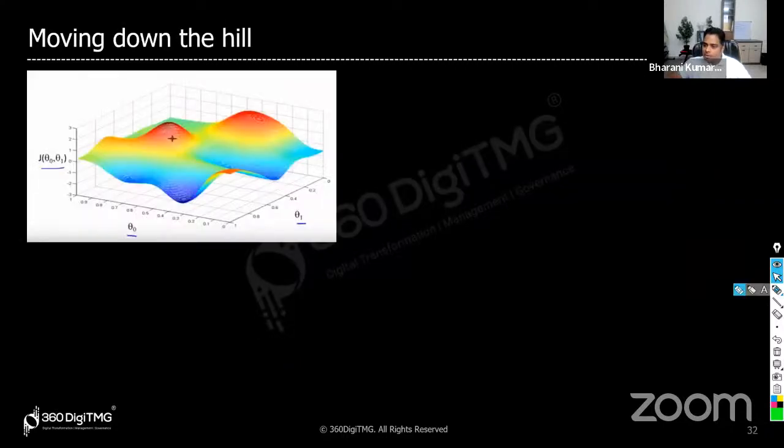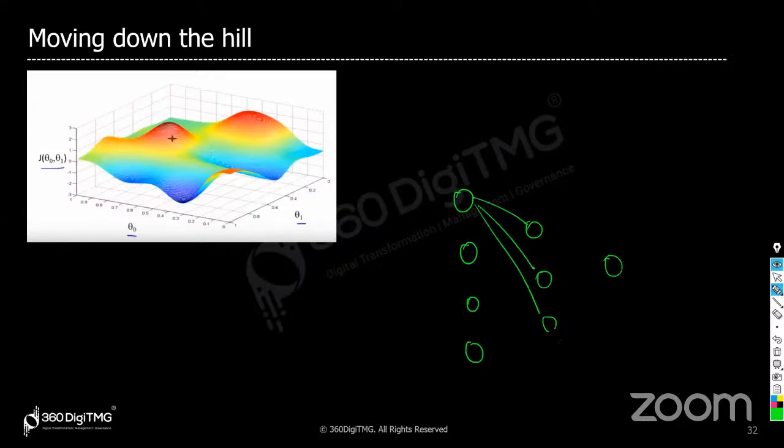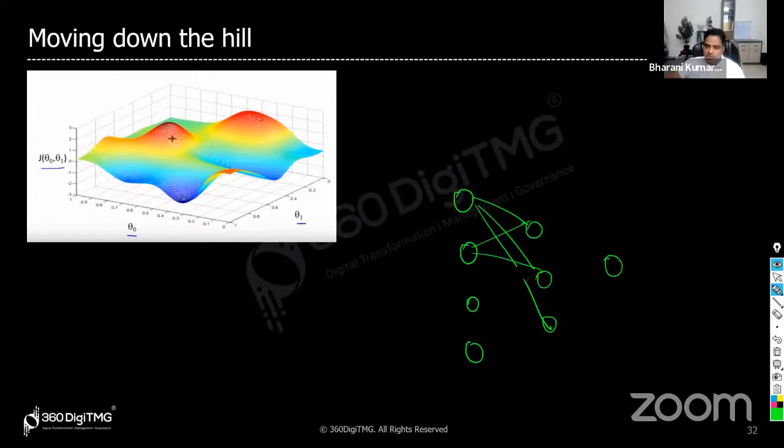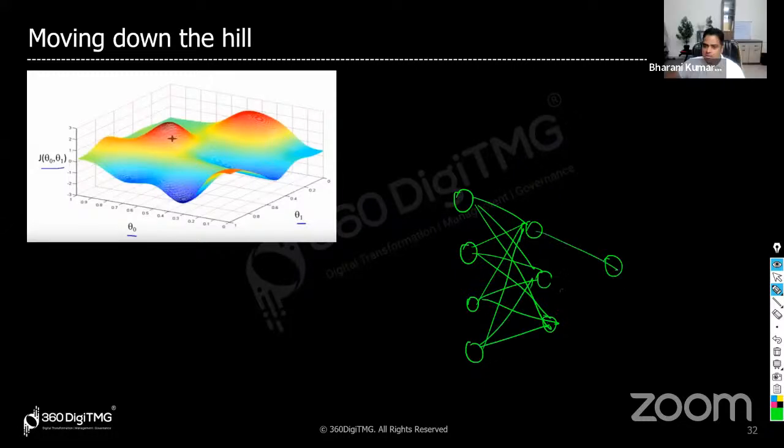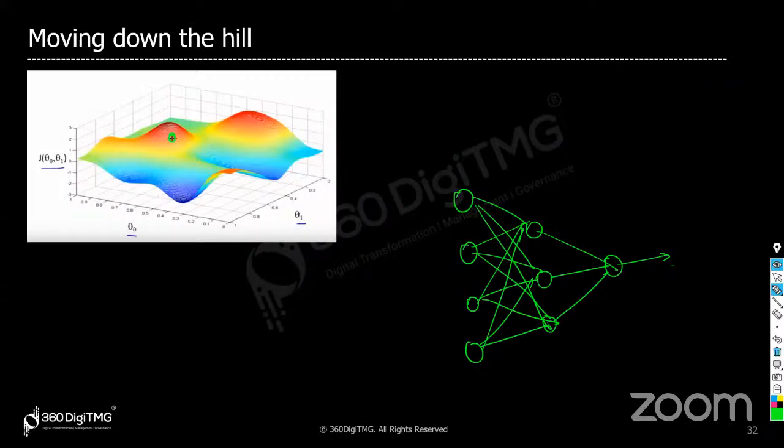Okay. How are the weights initialized? You have your input layer, say you have your hidden layer and an output layer. When the algorithm gets started, how are the weights initialized? Randomly. Randomly, the weights are initialized. When the weights are randomly initialized, you might get a loss like this.